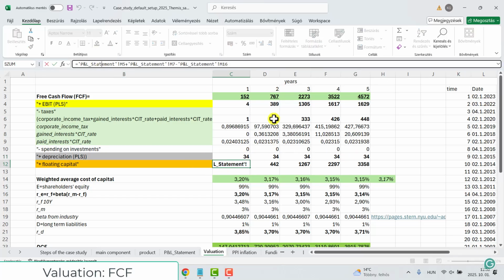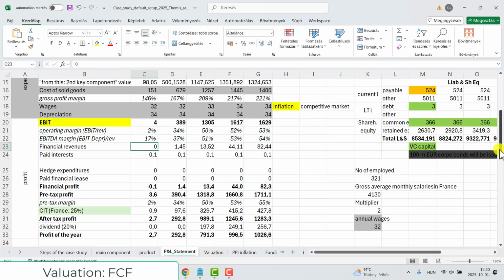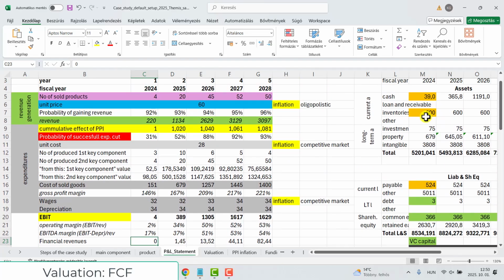Then floating capital. If we would have proper cash flow report or cash flow statement, then there would be floating capital there. Unfortunately, since we don't have anything like this, that's why we have to assume that if we are taking M5, which is cash reserve, so current assets.